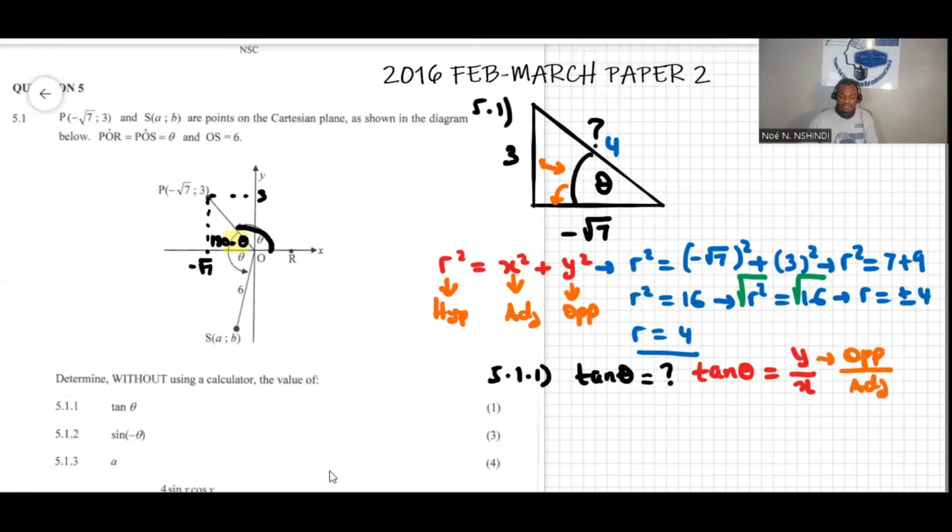As said earlier, tan theta will be opposite, which is 3, over adjacent to the angle, which is negative root 7. So 3 over negative root 7. This can be written as tan theta equal to negative 3 over root 7. We can move the negative sign from the denominator and put it on the fraction line. That's the value of tan theta.